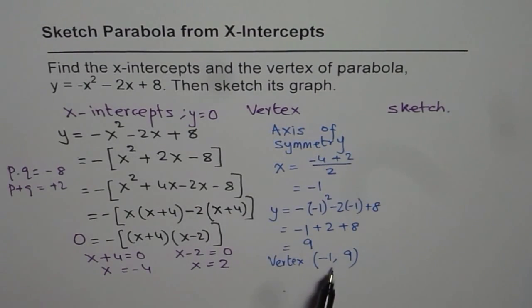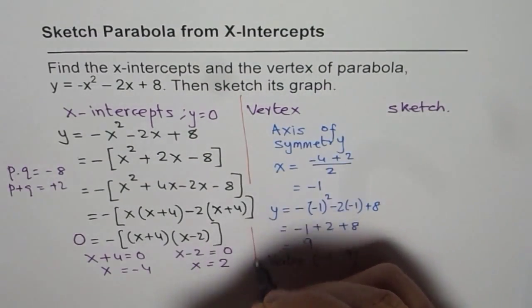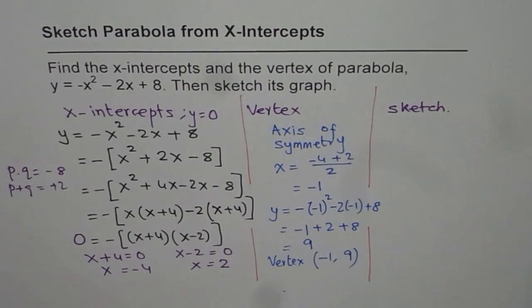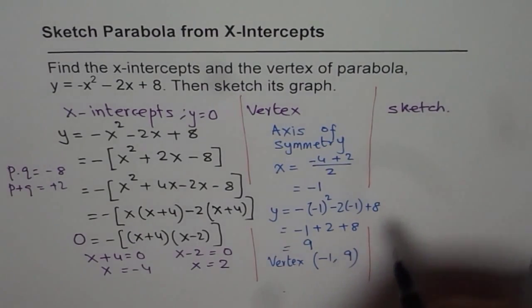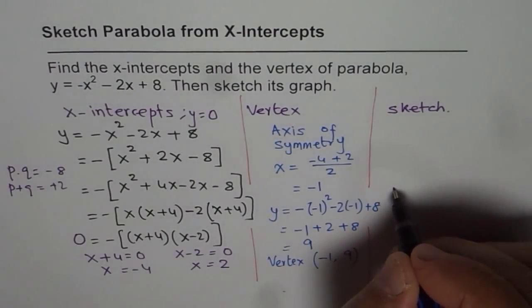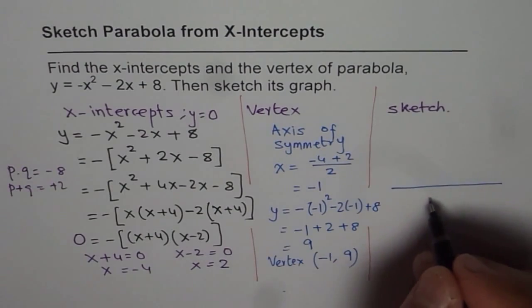Knowing the vertex and the x-intercepts, we can sketch the graph. That's the last and final stage, as we have done two steps already. Now let's sketch the graph. Our x-intercepts are at -4 and 2, and the graph should be opening downwards. The vertex is at (-1, 9). In that case, I'll prefer to draw my axes like this, since -4 is more on this side.